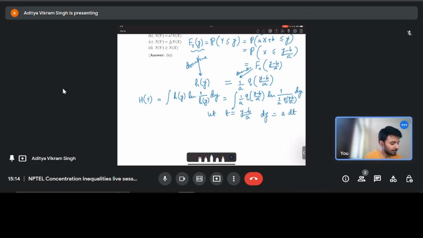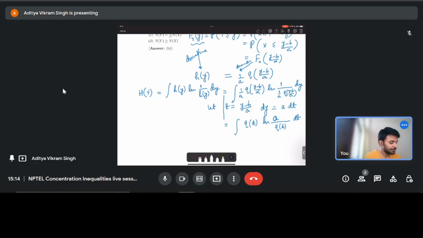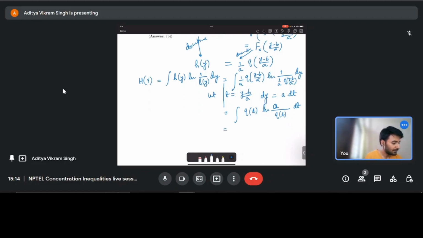So this integral would be equal to the integral of q(t) ln of 1 by a q(t) dt, which would be ln a plus the integral of q(t) ln 1 by q(t) dt.